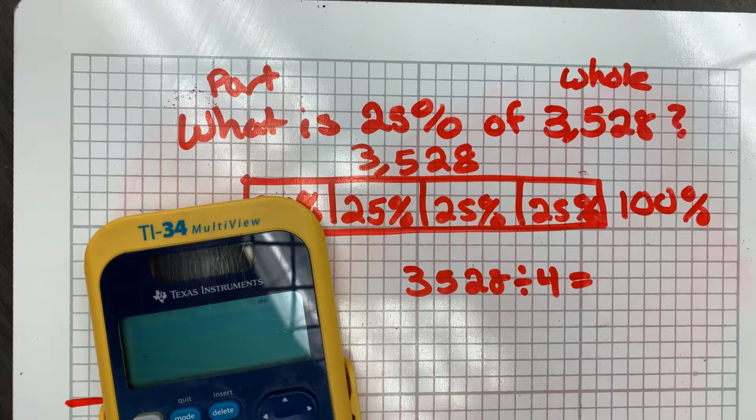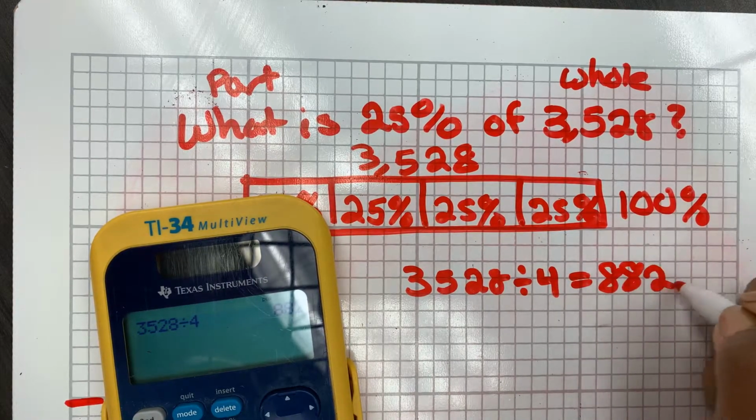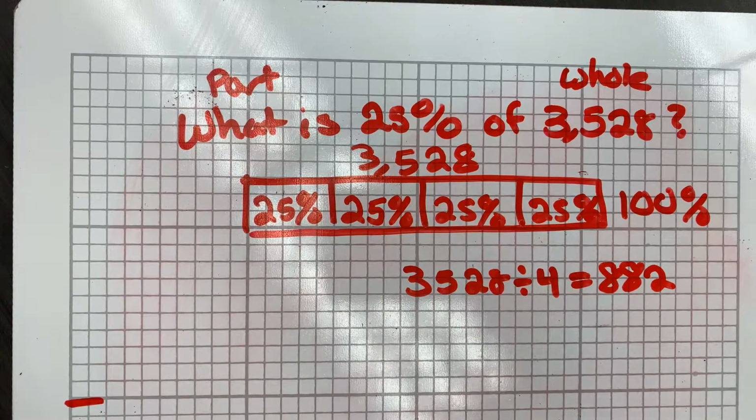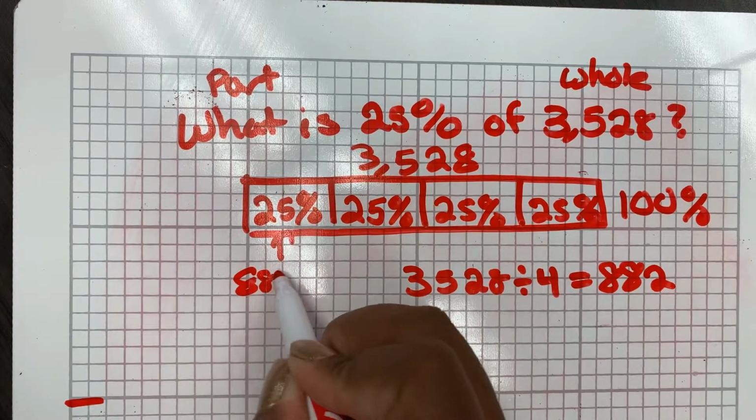So I'm going to use my calculator and type in 3,528 divided by 4 because I want to split it evenly. Each 25% of the pie, so quarter of the pie, is going to have the same number of calories, and that comes to 882. So for this quarter of the pie, it was 882 calories.